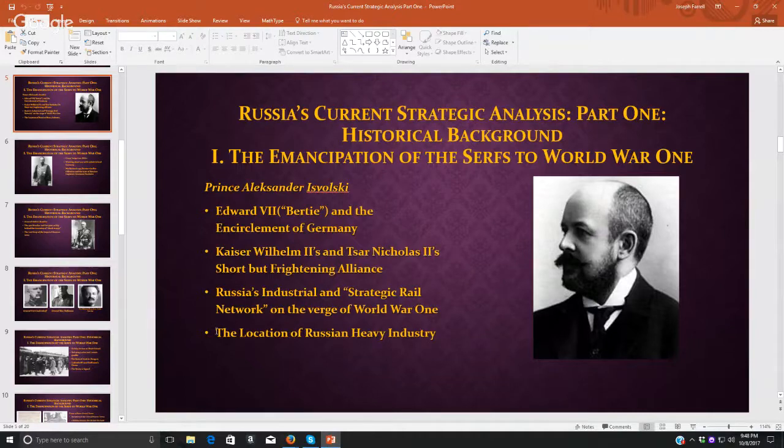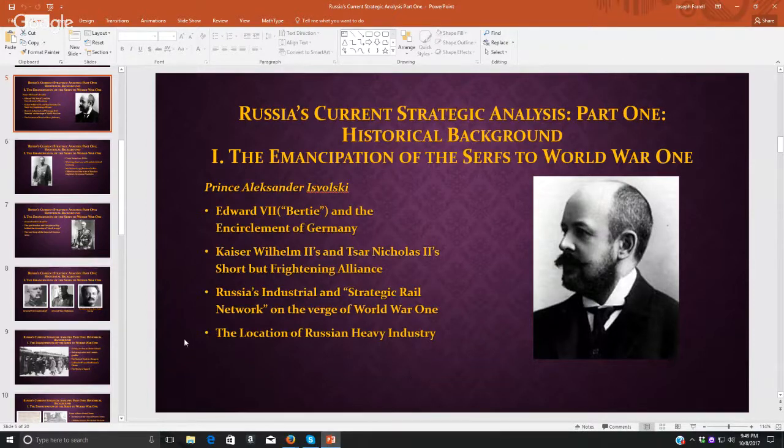So in other words, Russia's so far down the line that it's just coming out of a feudal society from the middle of the 19th century into the modern era, and it's going to war, in a war that is going to be clearly fought and won on the basis of supply and industrial production and so on. It's going to war with one of the two premier industrial powers in the world at the time. So this is not a good situation.